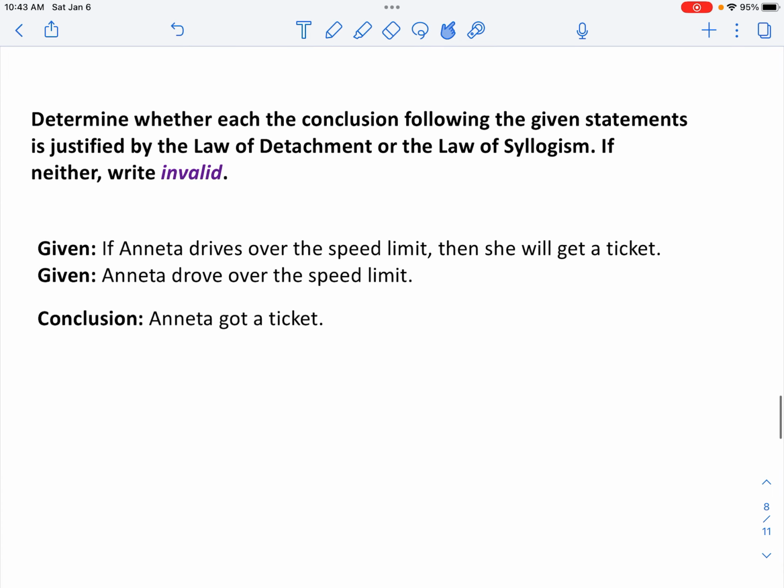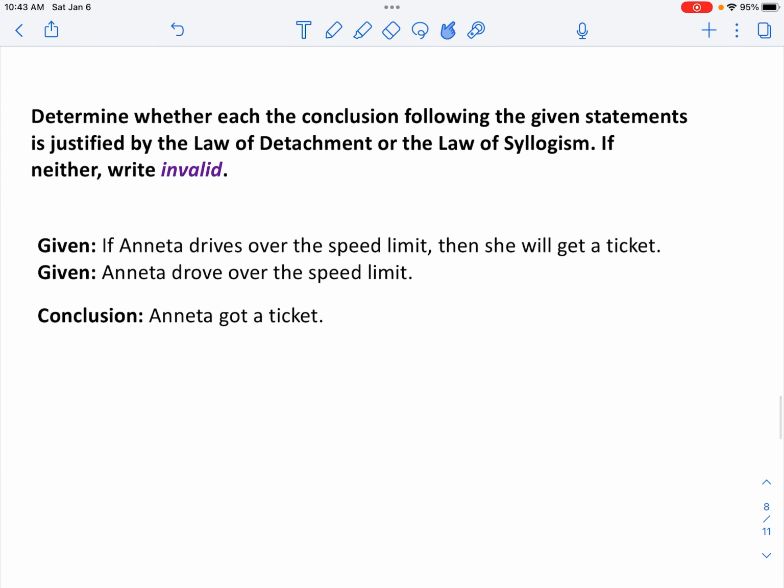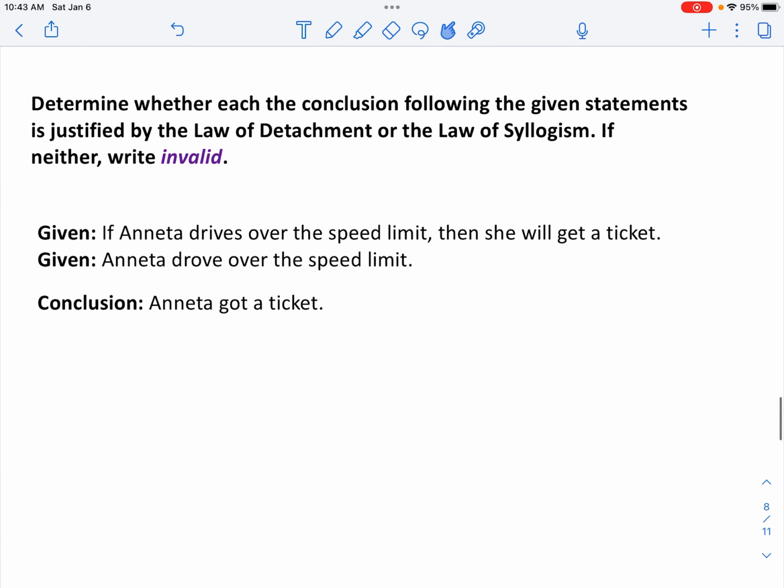Okay, so let's see if we're on the right track. This one says, determine whether the conclusion following the given statements is justified by the law of detachment or the law of syllogism. If neither, write invalid. Let's see.